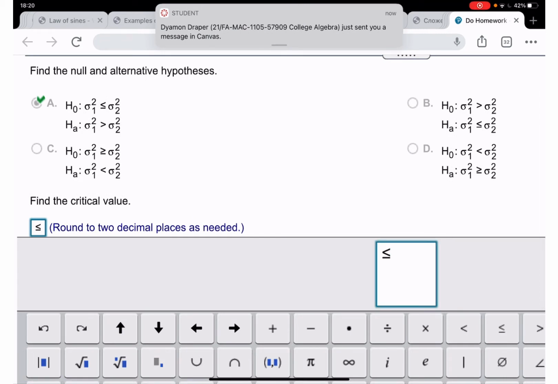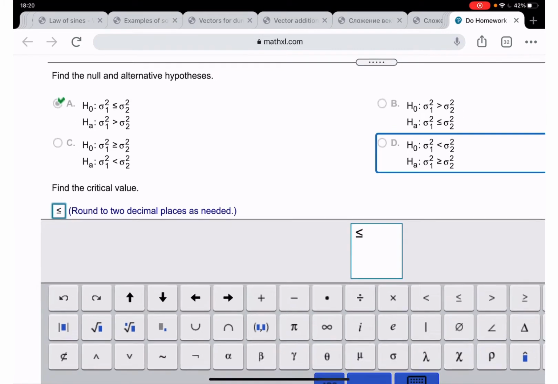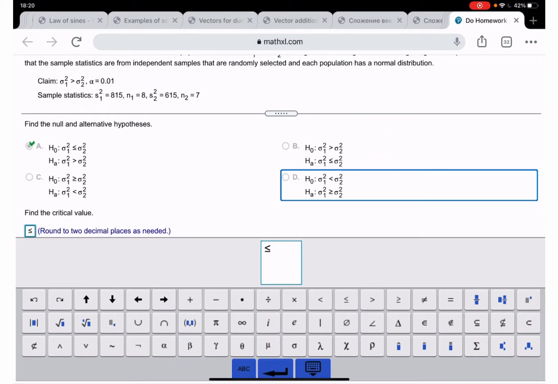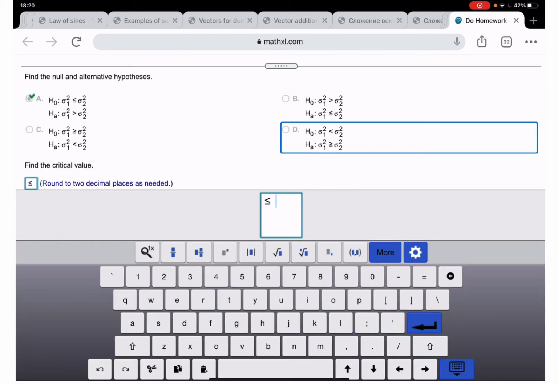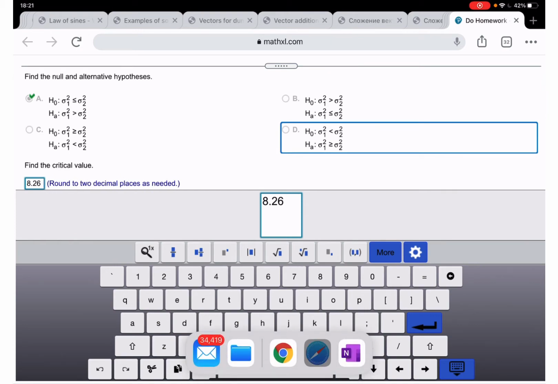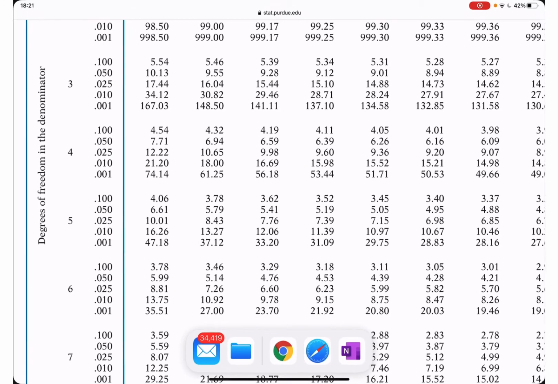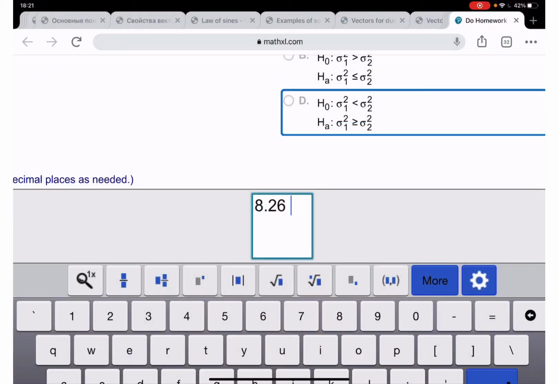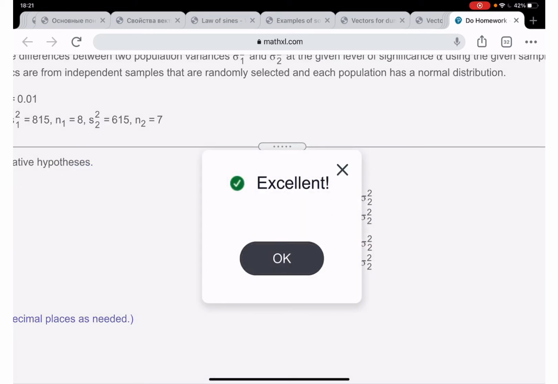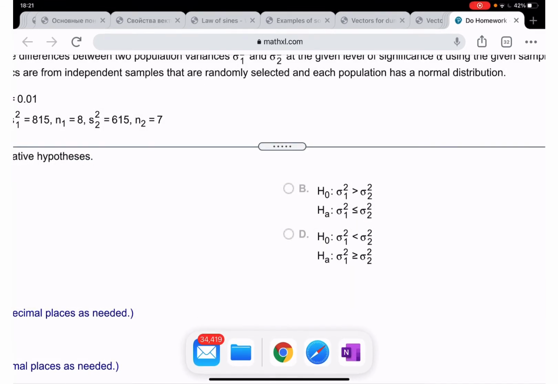I'm going to clean this. Okay. It was 26, right? Let me double check just in case. It's 6 and 7, 8.26. That's right. Let's see. Excellent. So what did I say?